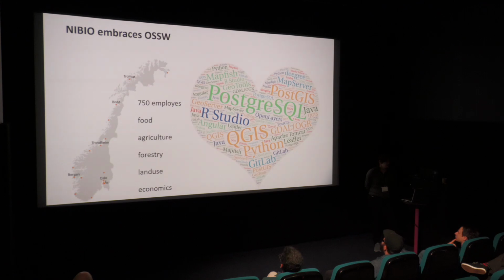In NIBIO we use open source software to a great extent, and QGIS is now the main desktop GIS software. I use QGIS for a variety of tasks, and today I will show you how you can use QGIS effectively for checking your map quality regarding classification.